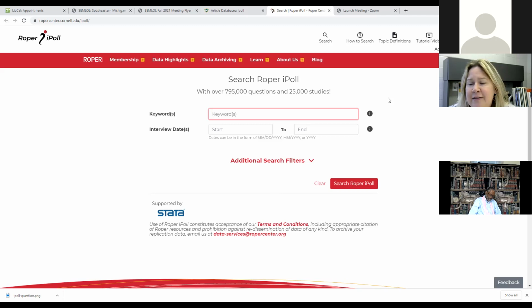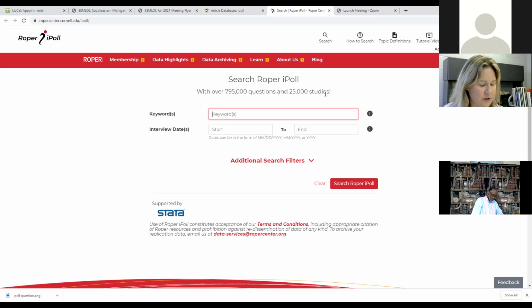And I usually find that creating an account within the database is unnecessary, except this is, I think, one of those times where I find that it is very helpful to create an account once you are logged into Roper iPoll. So here, I'm already logged in, I already have an account. It says my account, that's me, and we have my folder up here. I do find that it's helpful to save things to the internal folder. Again, I find that to be kind of a pain in databases, but this one, I think it's really worth the time to create that separate account.